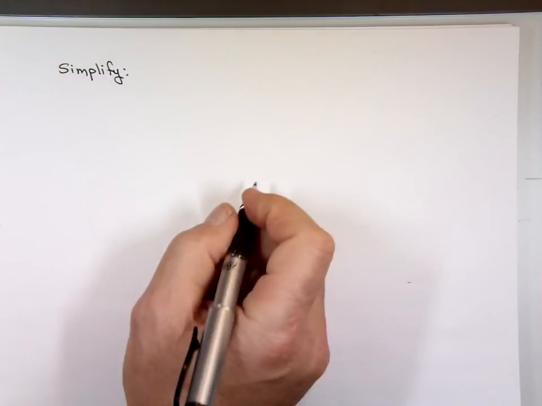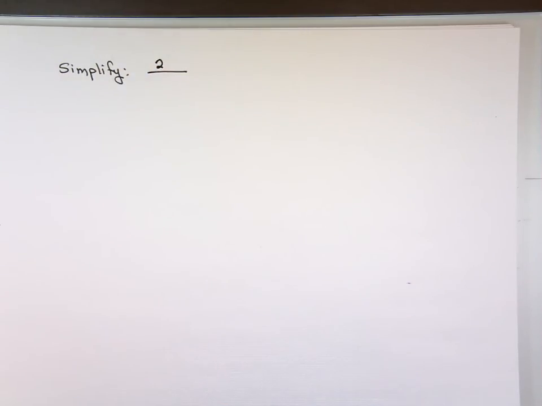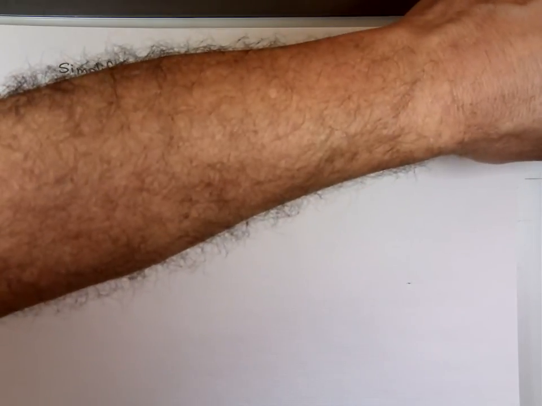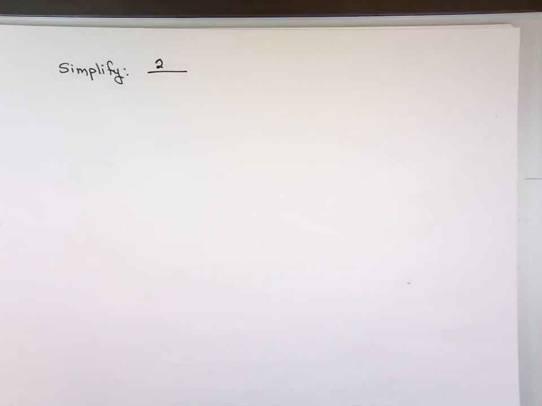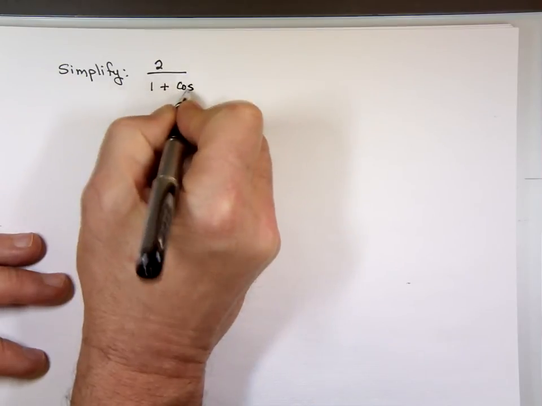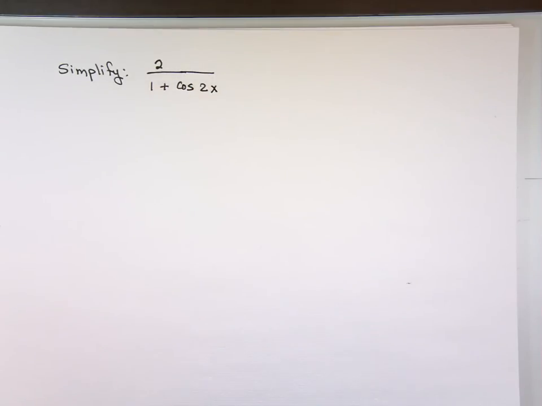And this way I have 2 divided by, can't see the problem. Let me make it bigger. Oh, let me zoom in here. 1 plus cosine 2x. I have 3 options for cosine 2x.